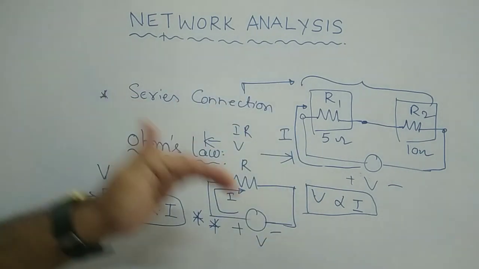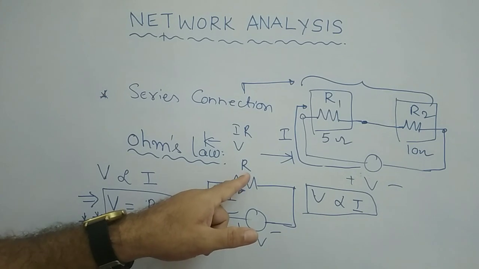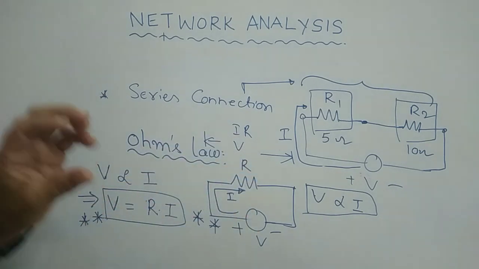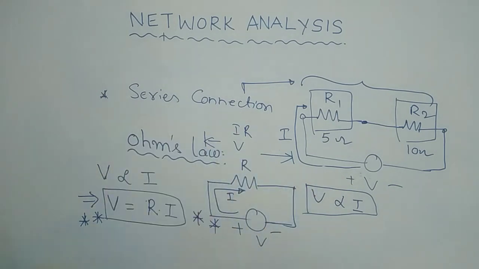The current flowing through the circuit I multiplied with the resistance R, I into R, gives the voltage. That much voltage appears across the resistance. Clear? That is the Ohm's law actually. Therefore, simply remember that V is equal to R into I, and its unit is volts. So that is measured in terms of volts.